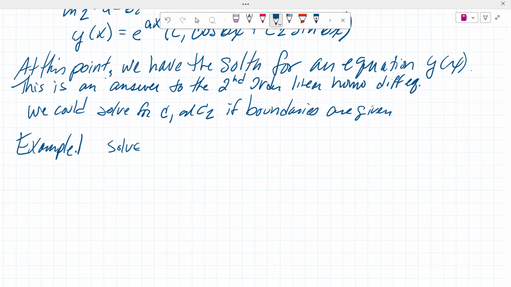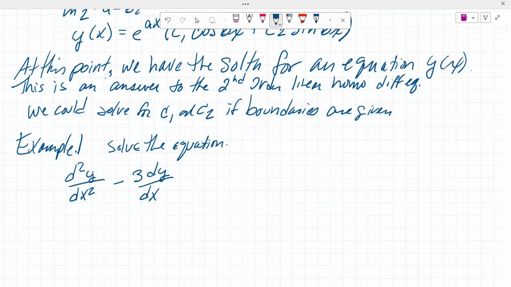Solve the equation. And that's the instruction you get. And it's going to look something like this. d squared y over dx squared minus 3 dy dx plus 2y equals 0.